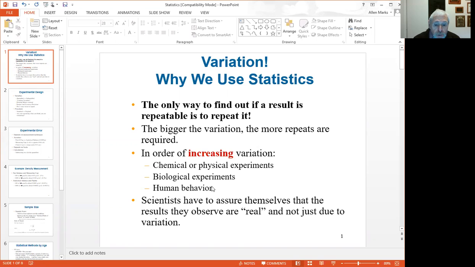For human behavior, that's probably the most variable whatsoever. And many science projects are based on some kind of human activity. And so, if you do that type of experiment, you really need to have a lot of people or a lot of different situations to make a judgment about. Scientists have to assure themselves that the results that they observe are real and not just due to variation.